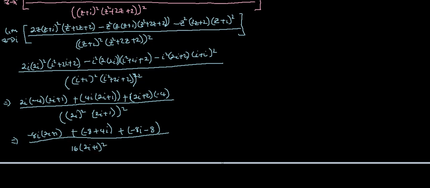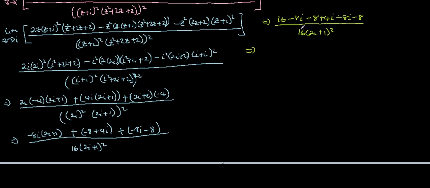So let's move this here and solve. From here, looking at this, we are going to have 16 minus 8i minus 8 plus 4i here, minus 8i minus 8, all divided by 16 into (2i plus 1) squared.